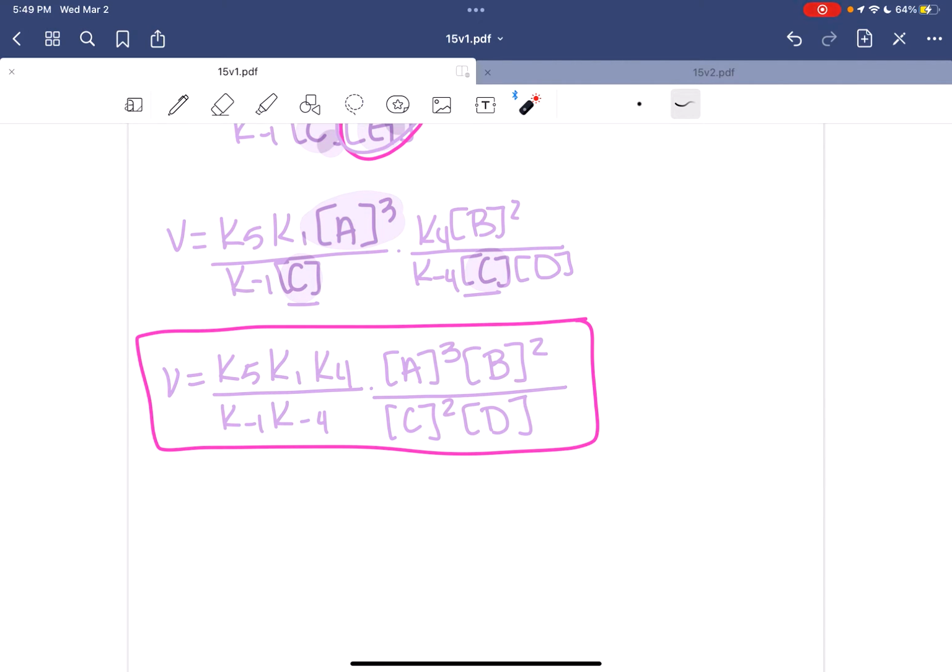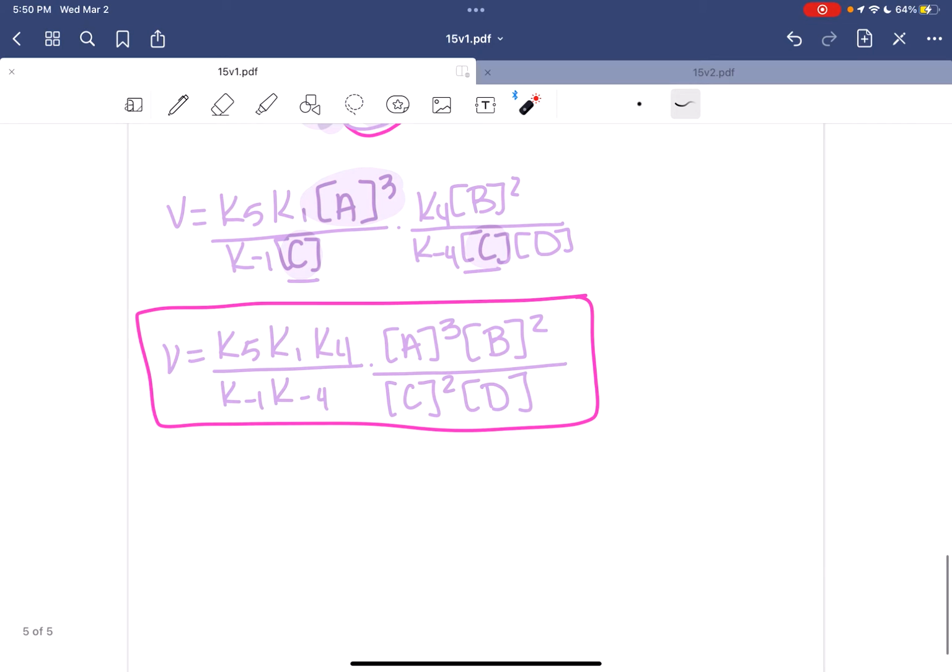So while we've gone and substituted out all of the intermediates in this reaction, we have left ourselves with some of the products of our reaction. And those still have no place in our overall rate law, so we want to isolate them as well.